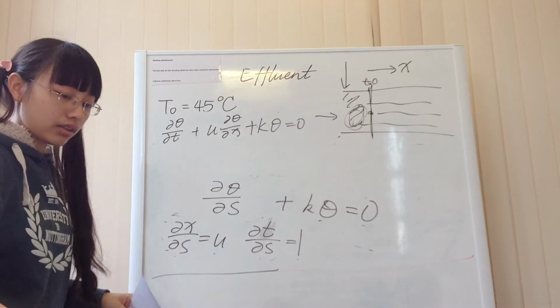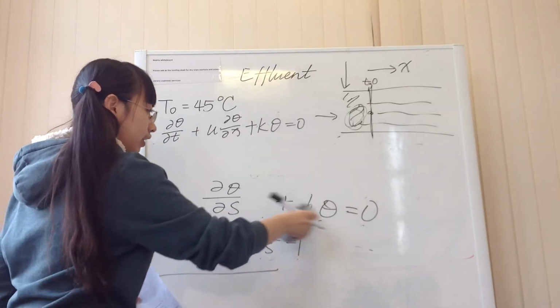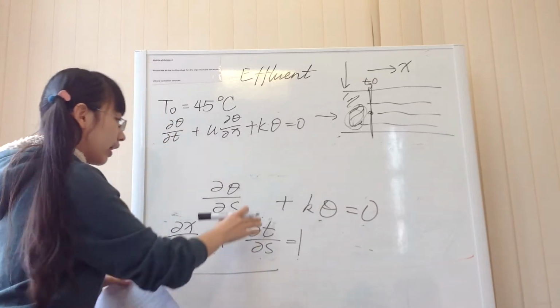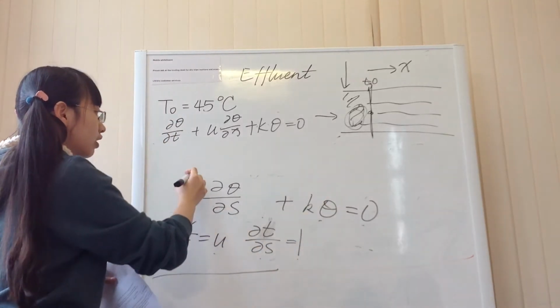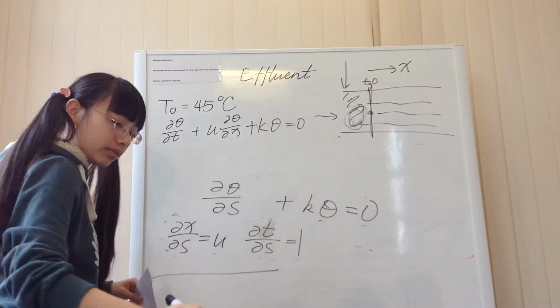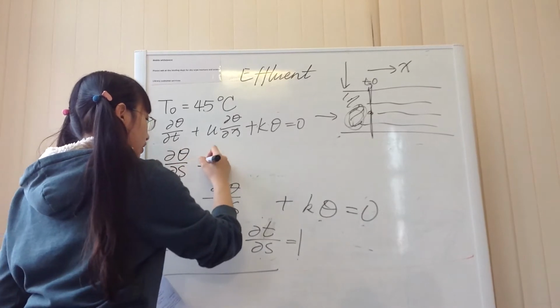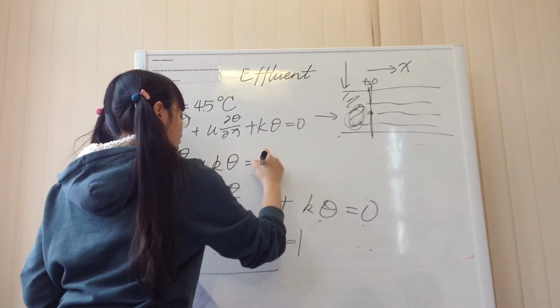And then we can solve this quite easily because it is in a very simple form. But before that, let's further define the function between s and x and t. So we have partial theta over partial s plus k theta equals 0.